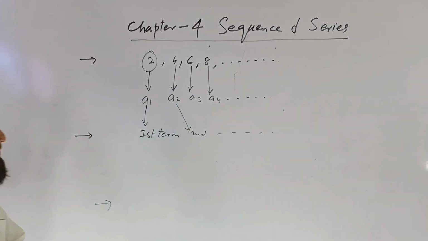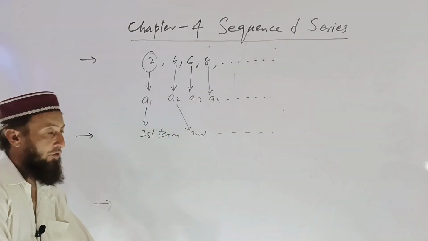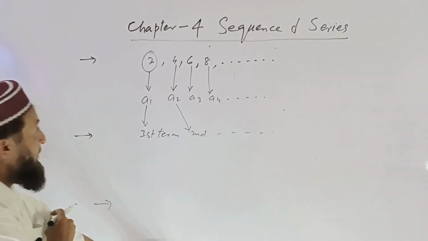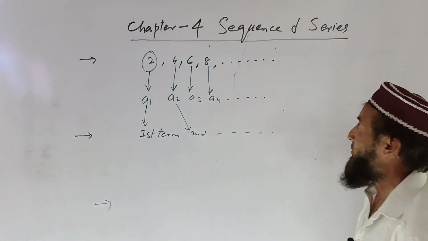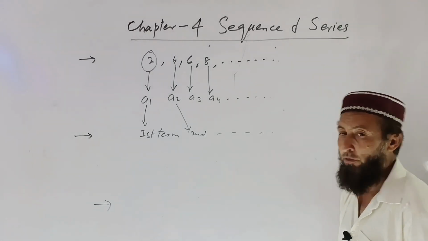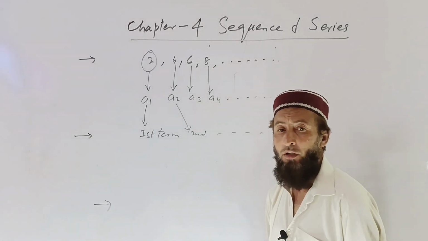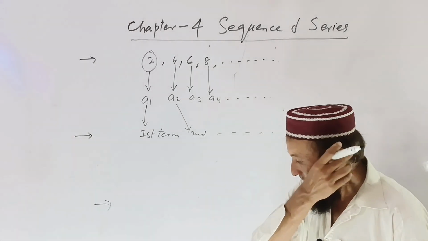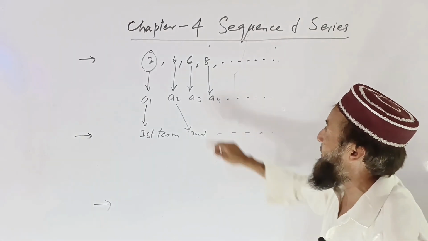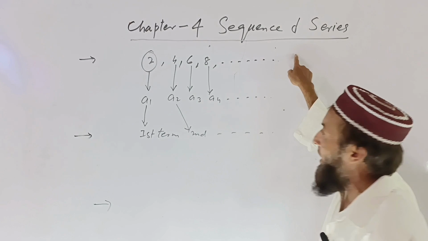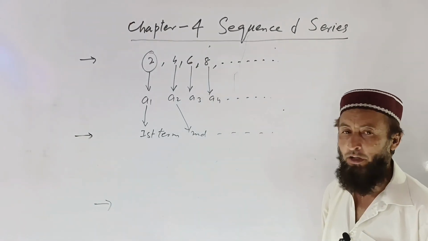This pattern is known as a sequence, and there are two types of sequence. One is infinite sequence, the other is finite sequence. A finite sequence, when the first and the last term are known, is called a finite sequence.